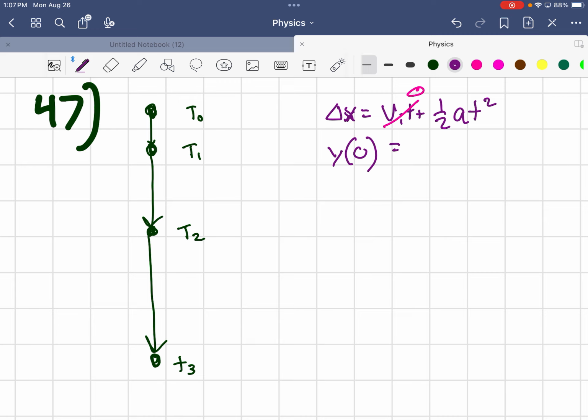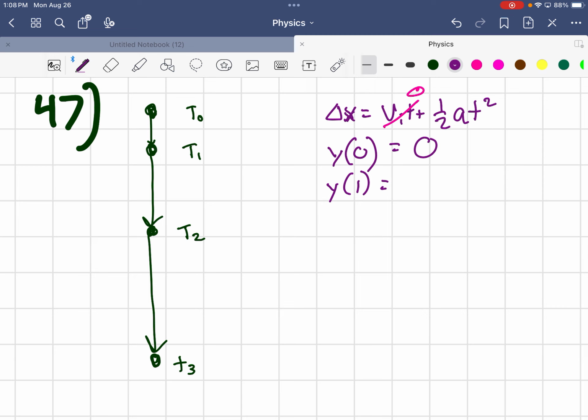We plug that stuff in. What's our acceleration again? Negative 9.8. We're just going to stick with g. But at time equals 0, where are we at? It starts up here. So I'm just going to abbreviate that and do 0. Okay, so then y at 1 second.